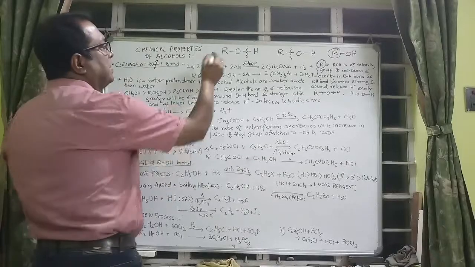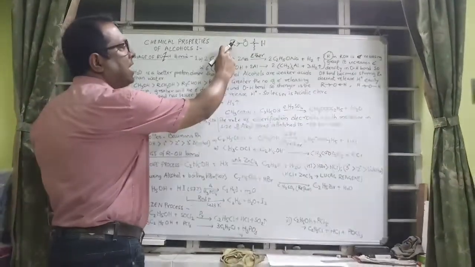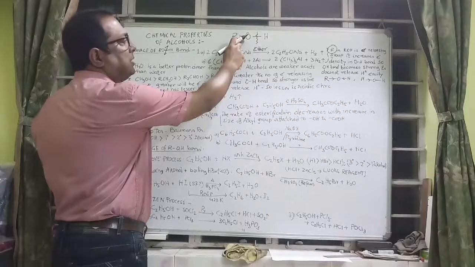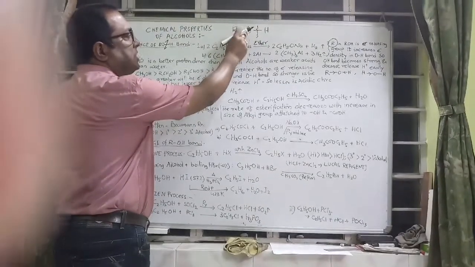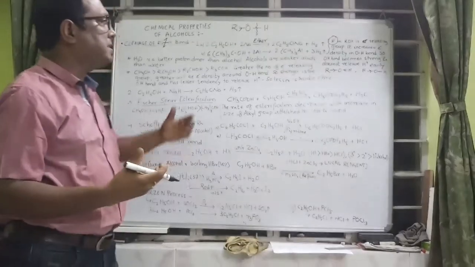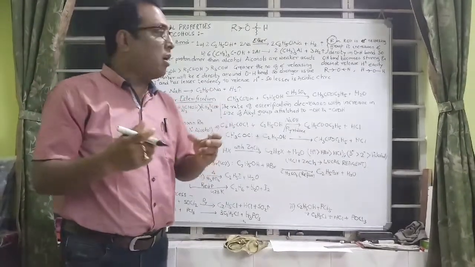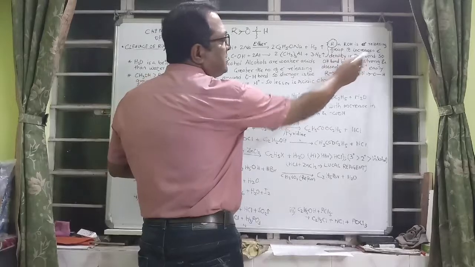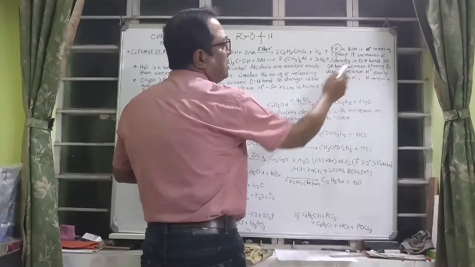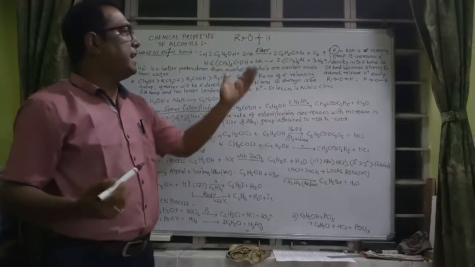This R releases electrons and the electron density on oxygen increases, and if the electron density increases, the OH bond becomes stronger and does not release H+.